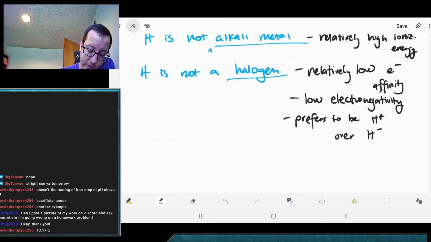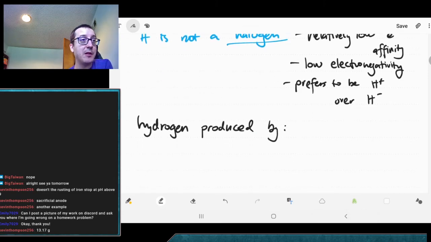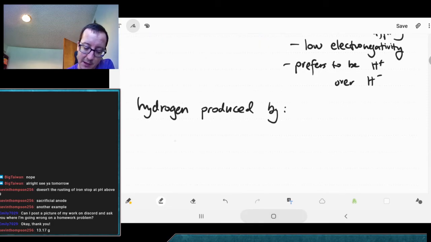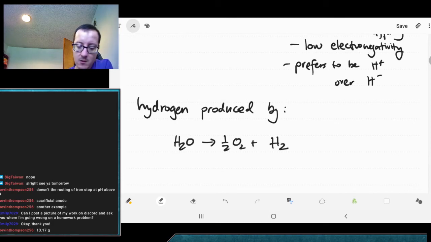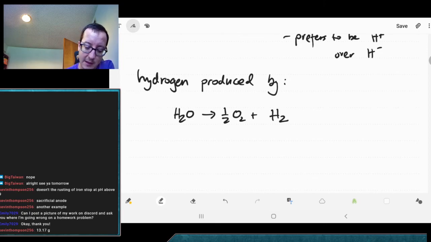So hydrogen is produced by a couple of reactions. So we saw that we can make hydrogen from electrolysis of water. We can make it from taking a metal such as zinc and reacting it with an acid.